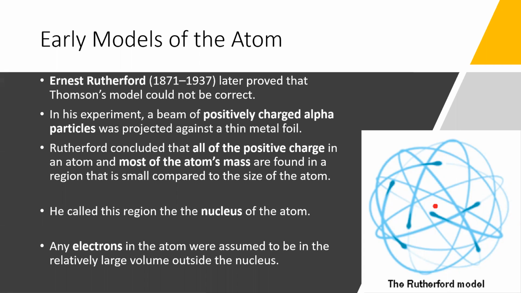And there's a bunch of empty space. He called this region in the middle, where most of the atom's mass is and where the positive charges are, the nucleus. So any electrons would have been farther away, outside the nucleus.